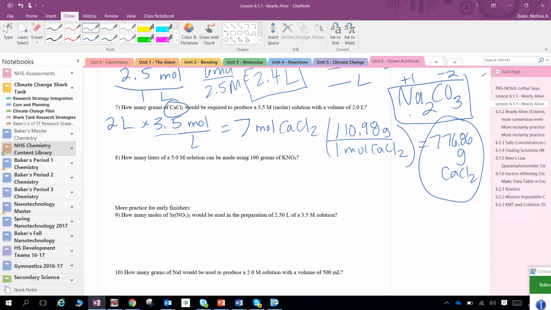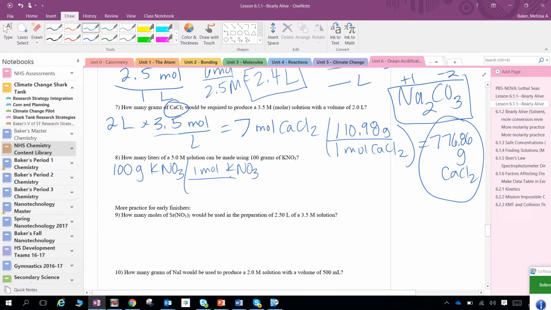And the last one, what if you've got 100 grams of KNO3? How many liters of a 5 molar solution can you make? Well, I know I'm going to have to get grams into moles. That's pretty much a given for these problems because we're dealing with molarity. So first step, I'm going to convert my KNO3 and see how many moles of it I have.